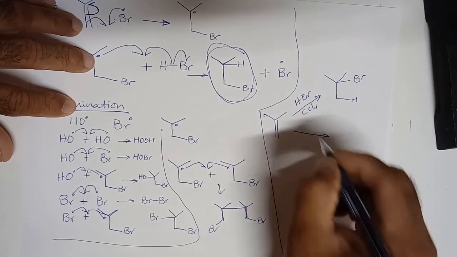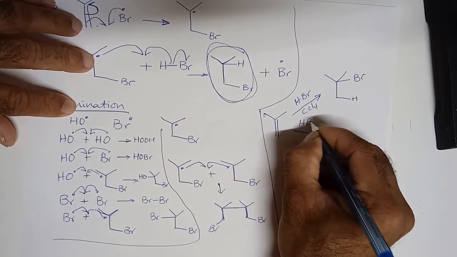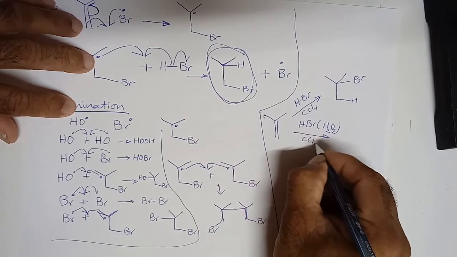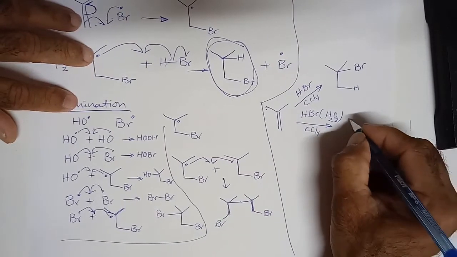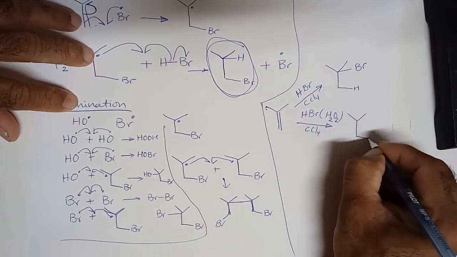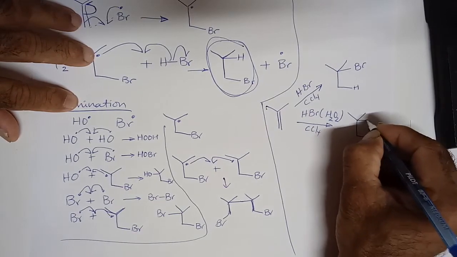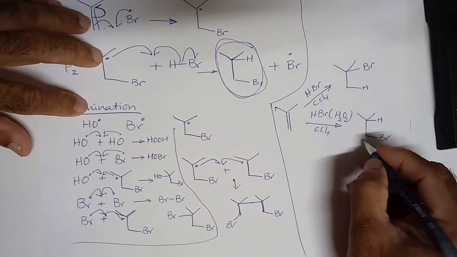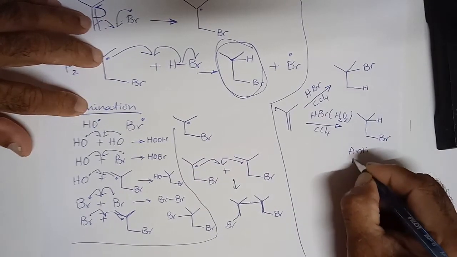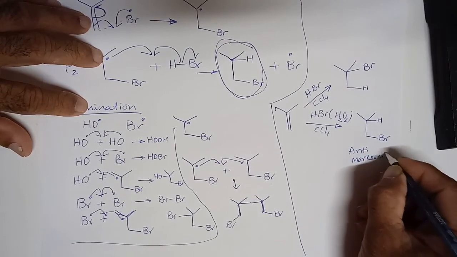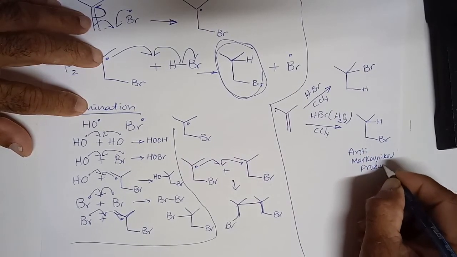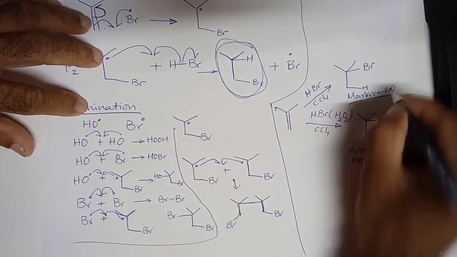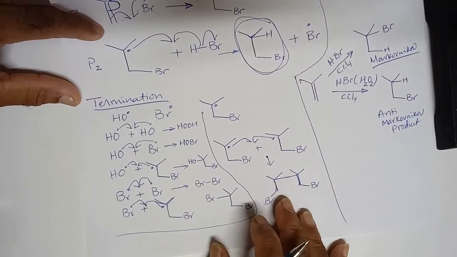But if the process is contaminated in presence of peroxide, since there is light always available, our product turned out to be this. And this is the anti-Markovnikov. This is the explanation for why we get anti-Markovnikov product. This is Markovnikov expectation. Right? That's where this story ends.